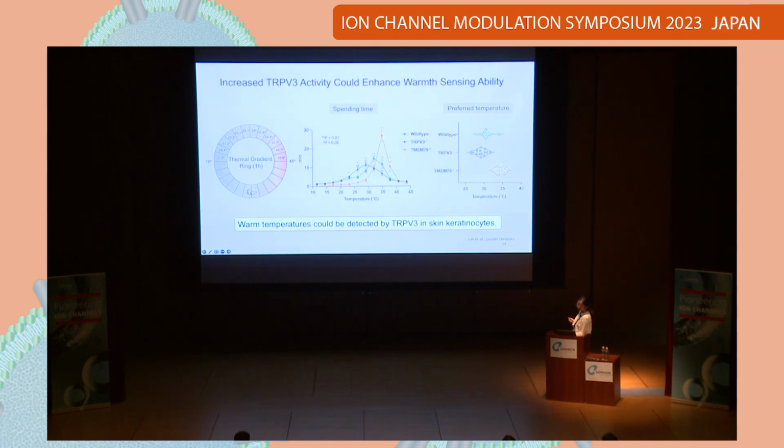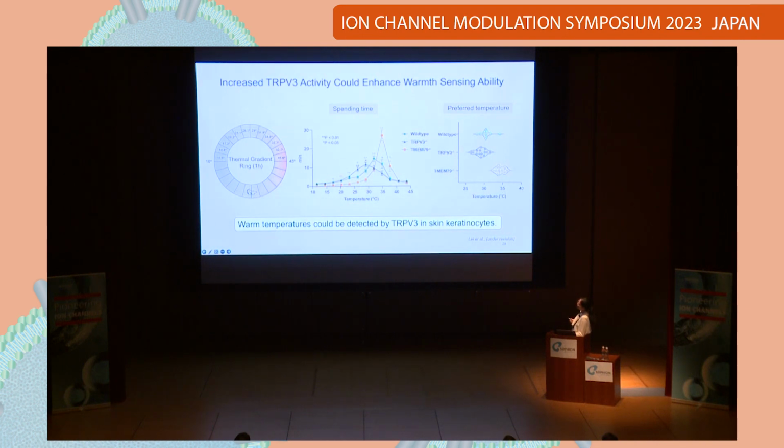By comparing the time spent, we could see that compared with the wild-type mice, with the strongest preference around 32 degrees, the TRPV3 knockout mice prefer a lower temperature and show less difference around the warm temperature range, but are identical for the noxious cold and noxious heat compared with the wild type.